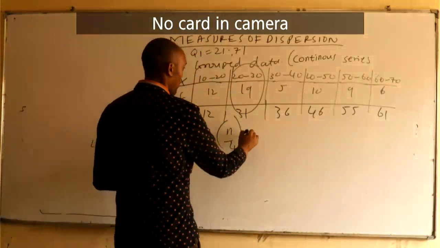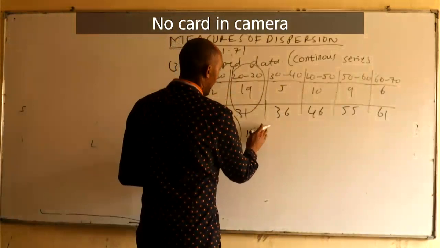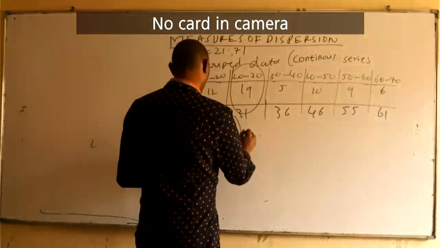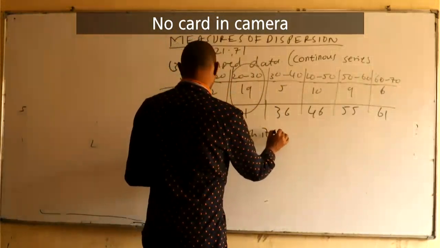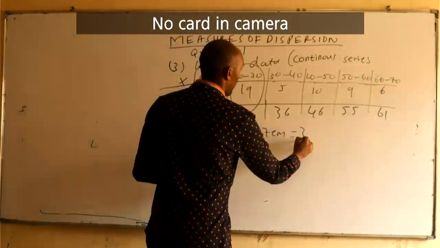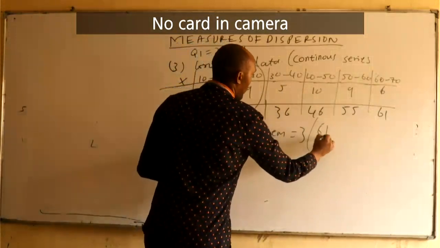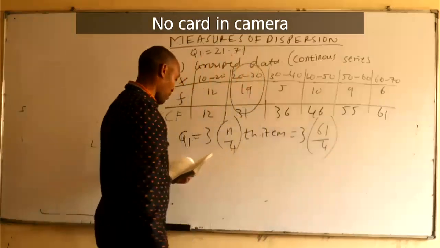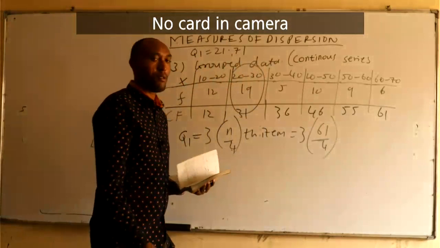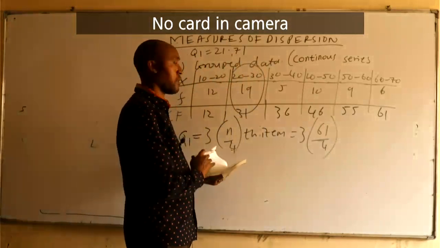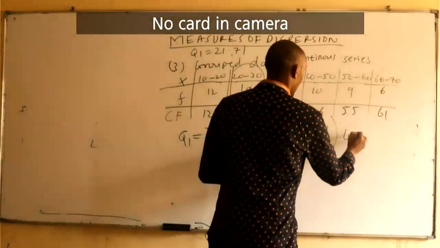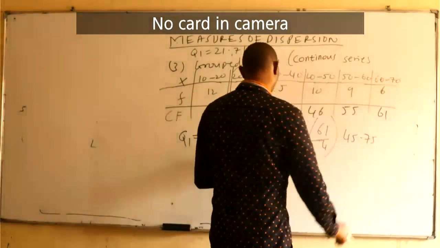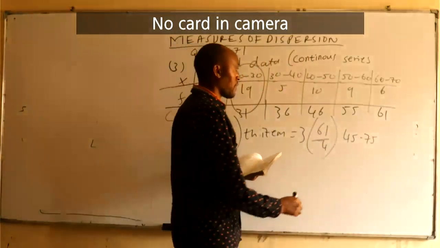So to help us get the nth item, it will be 3 brackets 1 divided by 4, which will give us 45.75. So this is our nth item.